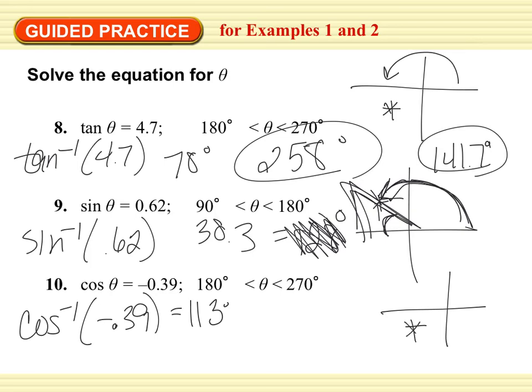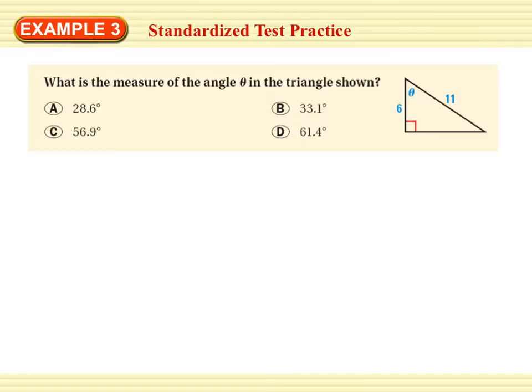So to get 113, I'm actually going to take 360 minus, and that gives me 247 degrees. Cool. Moving on. Okay, example 3.